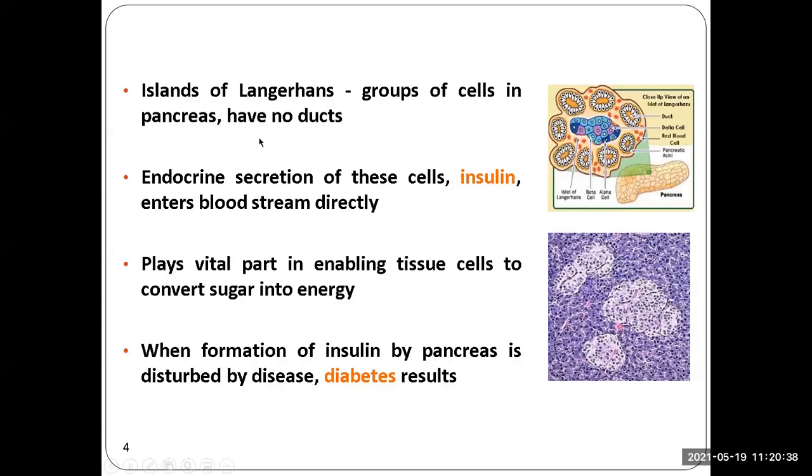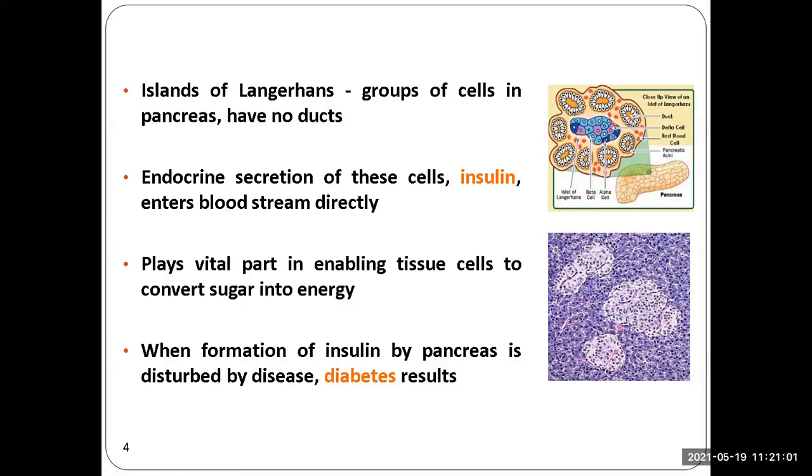The pancreas also has a group of cells which have no duct, and they produce endocrine secretions. Examples of endocrine secretions are insulin and glucagon. These are secretions which are poured directly into the blood.